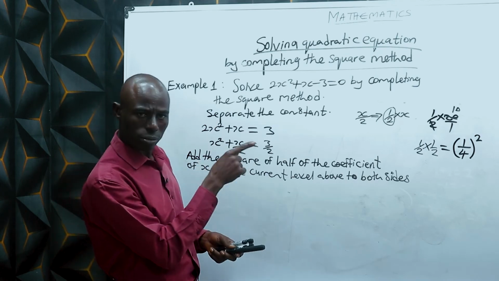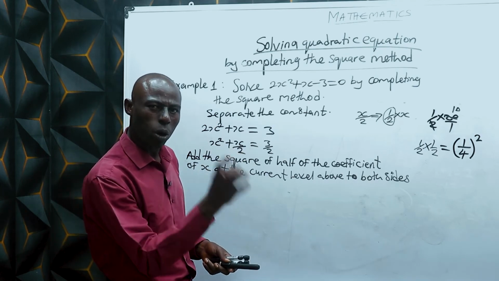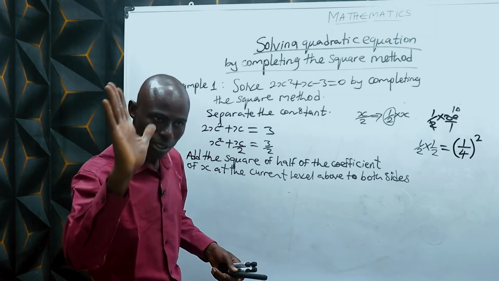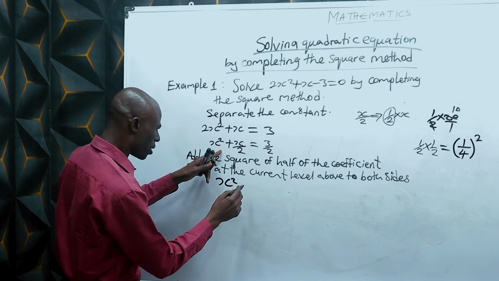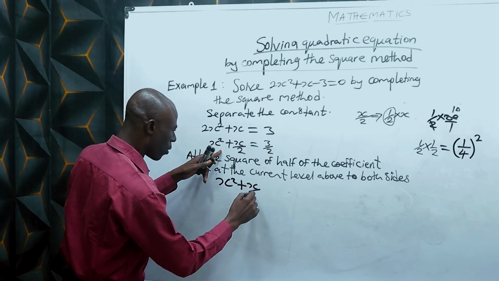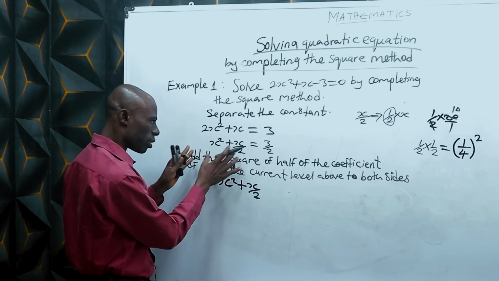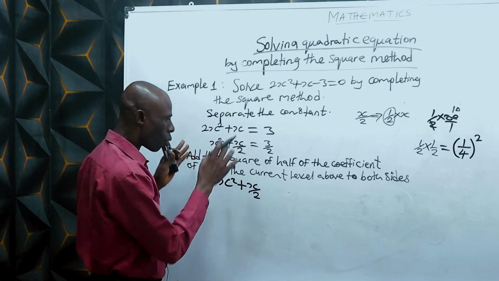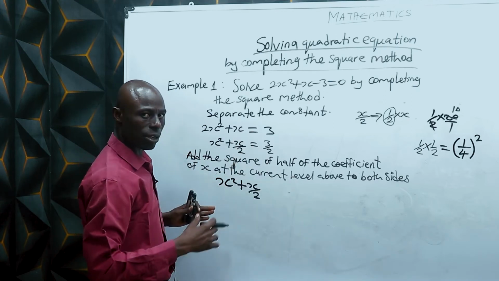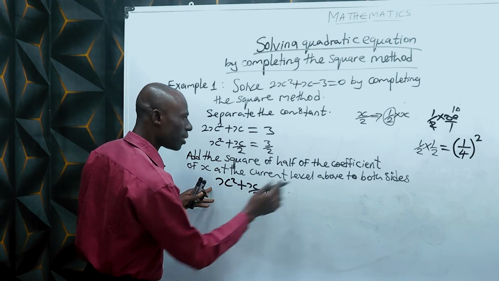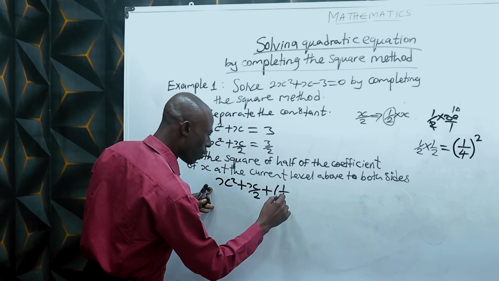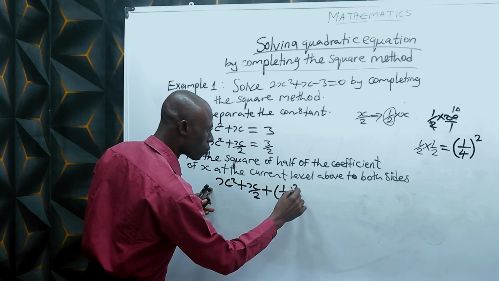That is what we are to add to both sides. So you now write x squared plus x over 2. We are done with what is on this side. The equal sign demarcates the two sides of the equation. So we now want to add to this side 1 over 4 raised to power 2.